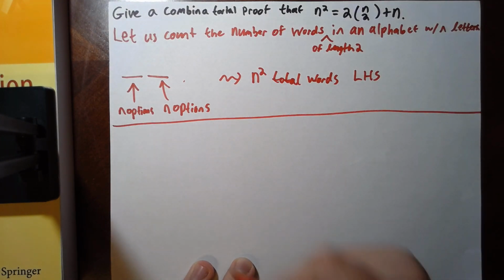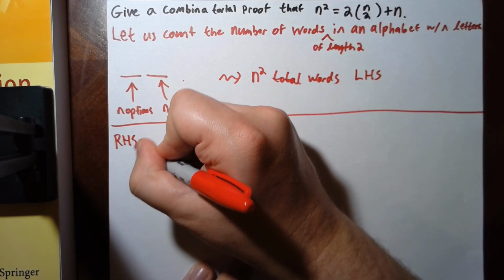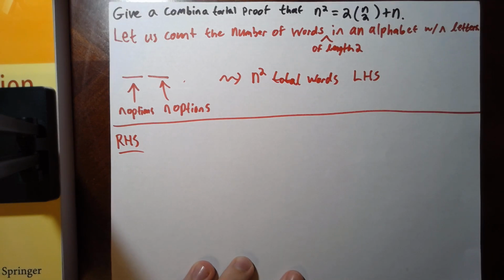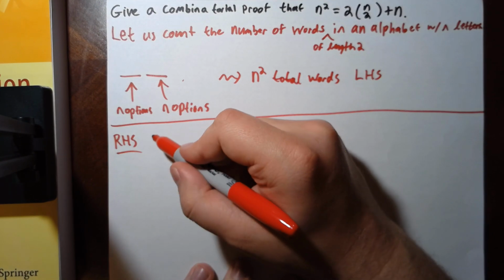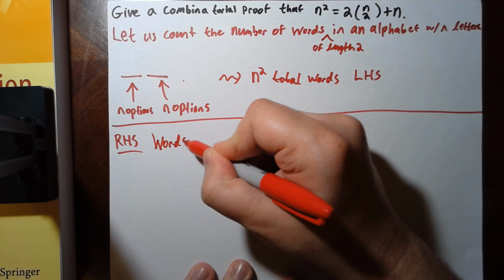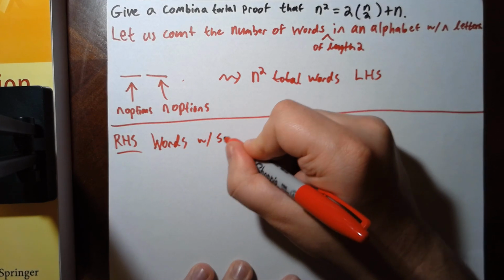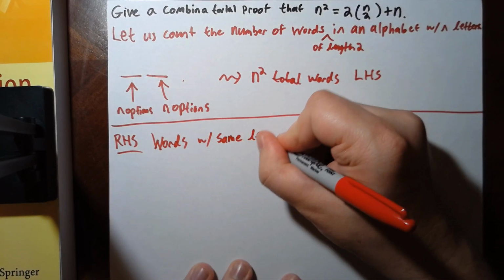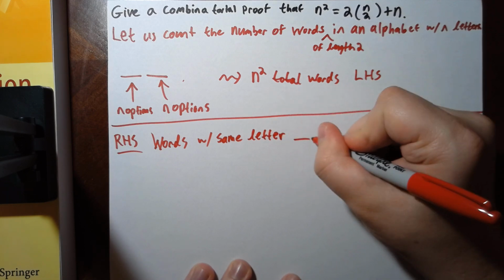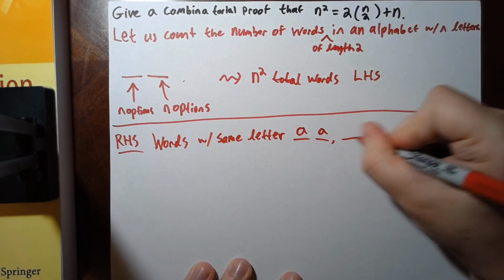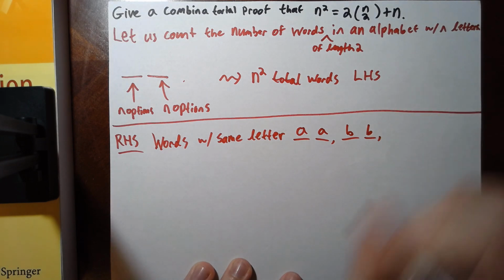Doing the right-hand side, we're going to break this up. We're going to look at words with the same letter. So these will be things like AA or BB, right?